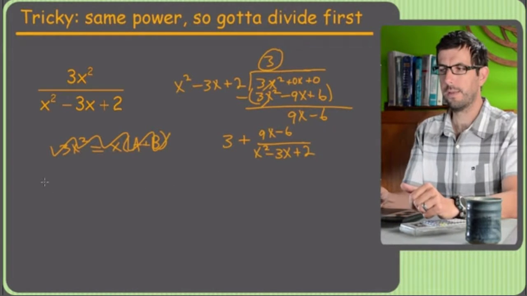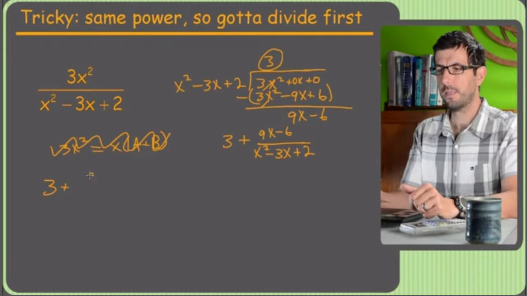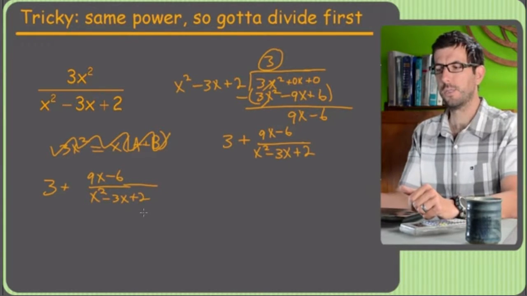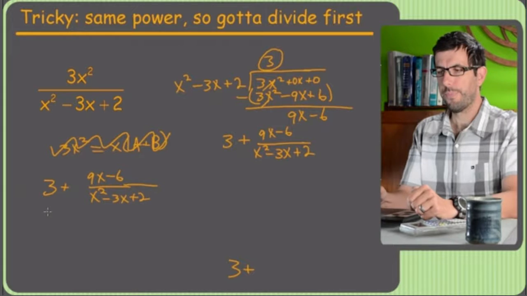So let's do that. So 3 plus 9x minus 6 over x squared minus 3x plus 2. Now at this point, we can just ignore the 3, because it'll be on both sides. So what I would do is I would just figure your answer is going to be 3 plus something. So factor the bottom, and we'll just do the 9x minus 6.